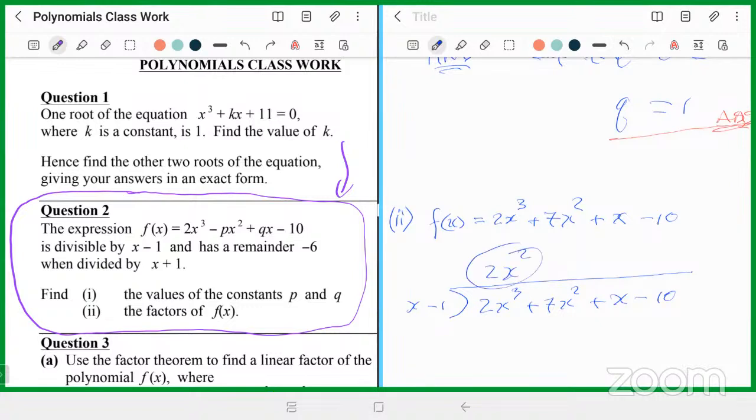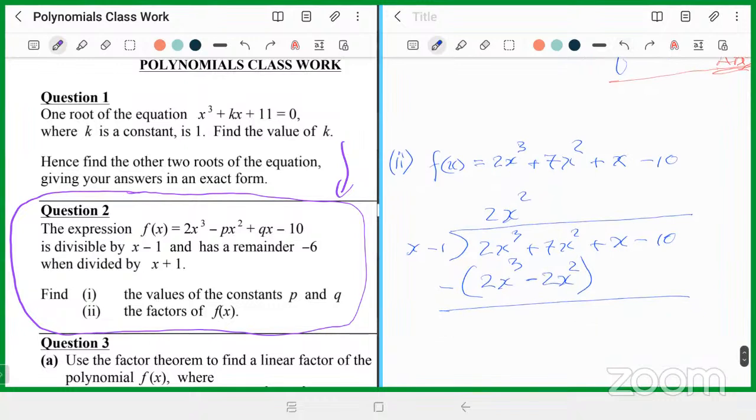Then 2x squared times these gives 2x cubed minus 2x squared. Subtract. This minus makes it a plus 2x squared. Plus 2x squared and 7x squared is 9x squared, so I write 9x squared plus x minus 10.